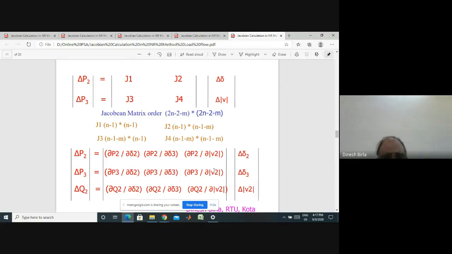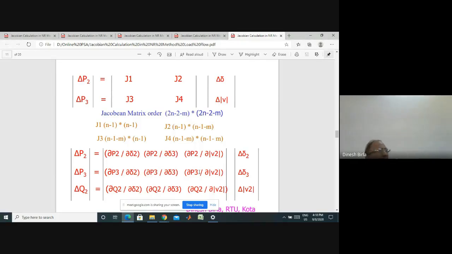I hope it is a little bit complex, but just try to understand that the first row represents the change of active power of the first element on the left hand side with respect to each of the elements on the right hand side. Then it will be clear. Similarly, the next element will represent the partial differentiation of that element with respect to each of the elements on the right hand side.